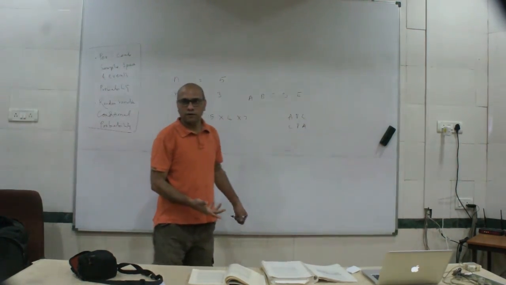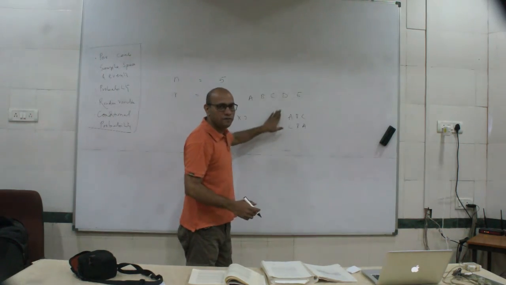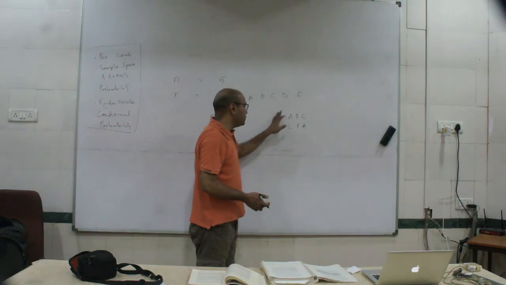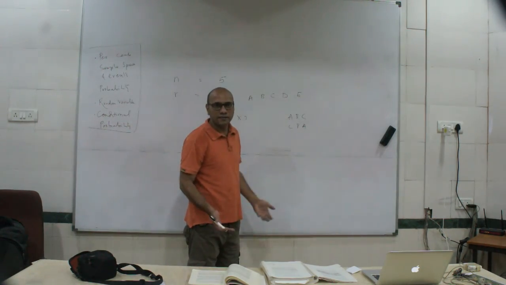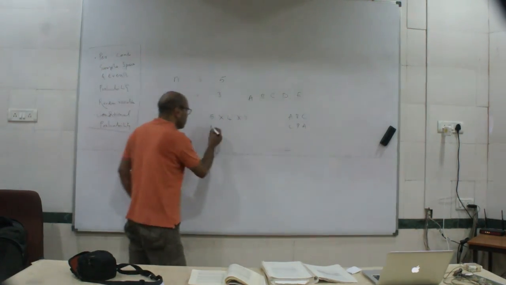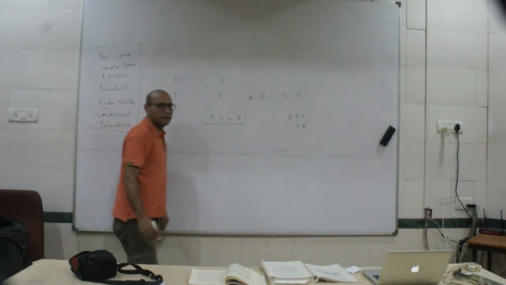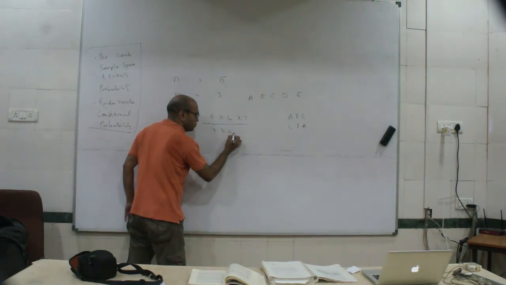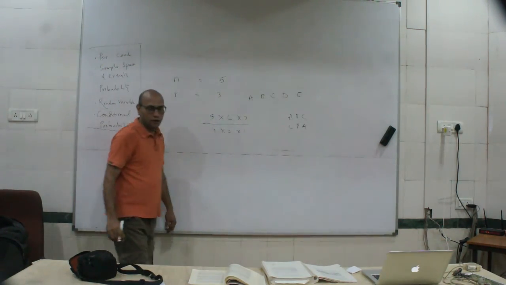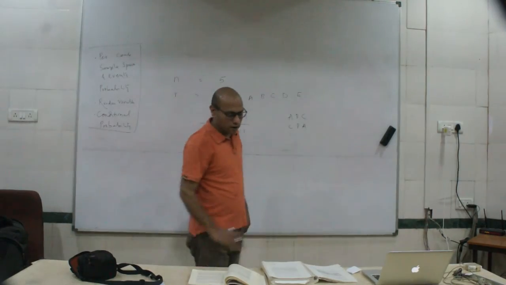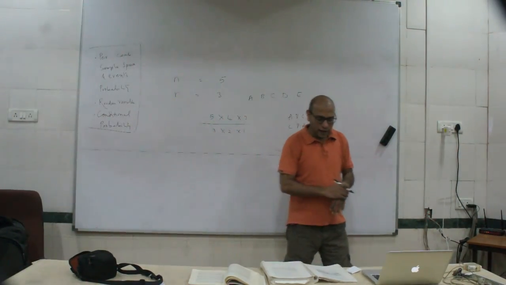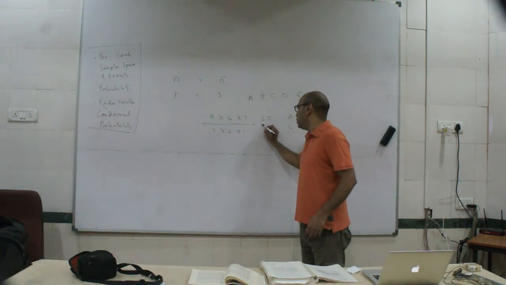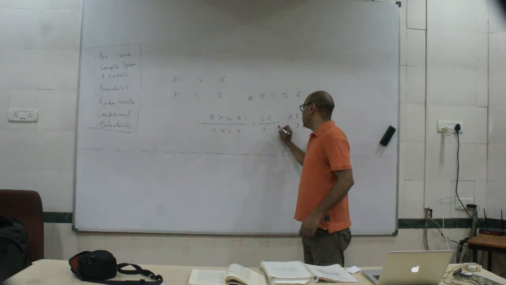The orders may be different, but the elements are the same. So I'm counting some orders again and again, and I need to get rid of it. Those orders are r factorial, that is 3 into 2 into 1. Now 60 upon 6 is equal to 10.